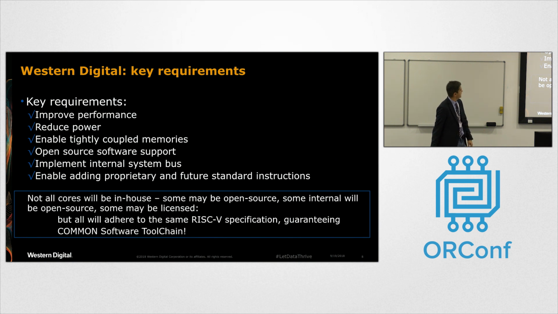And yes, then again, a nice thing on the requirements that RISC-V enables is implementing internal buses, for which pre-existing IP exists, like think of the ECC engine, and then enabling adding proprietary and future standard instructions.